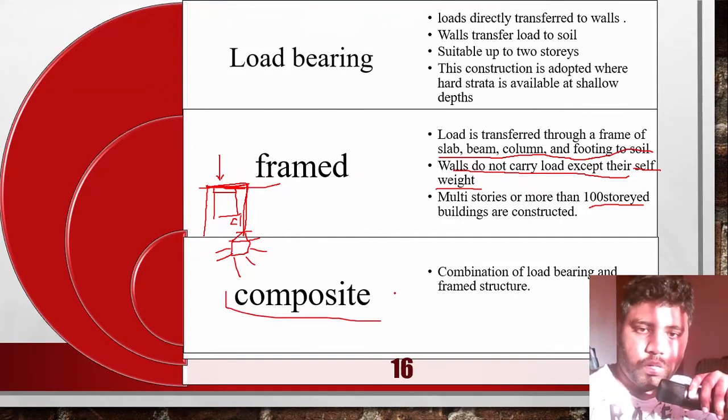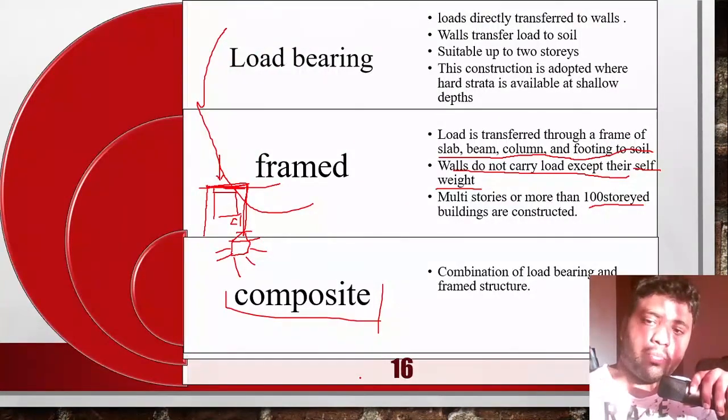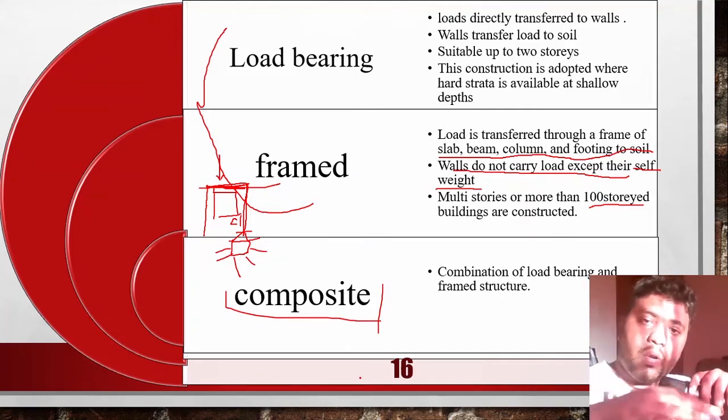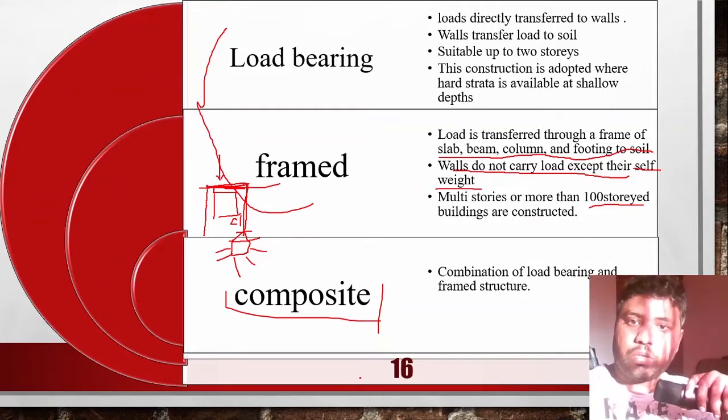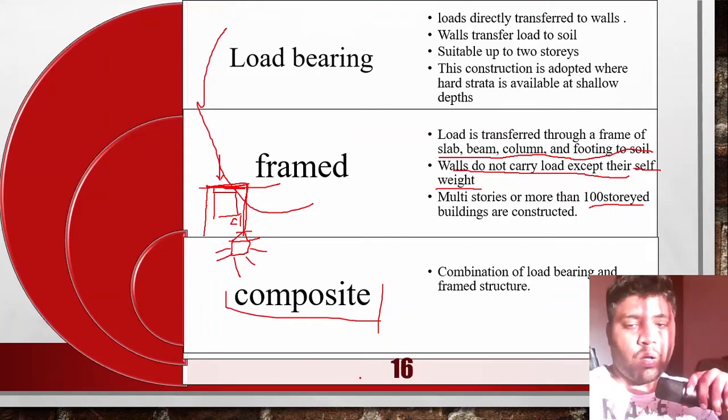Next, composite structures. Composite is a combination of load bearing and framed structure. Composite structure is nothing but a combination of these two. Combination of two structures means the load will transfer through the columns and beams, the frame structure which has slab, beam and columns, and some partial loads will transfer through the walls also.